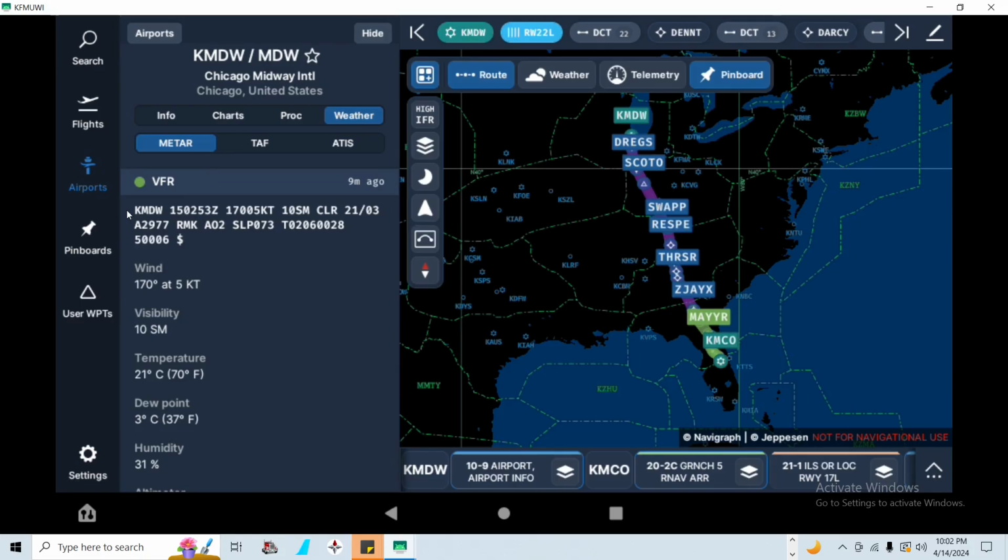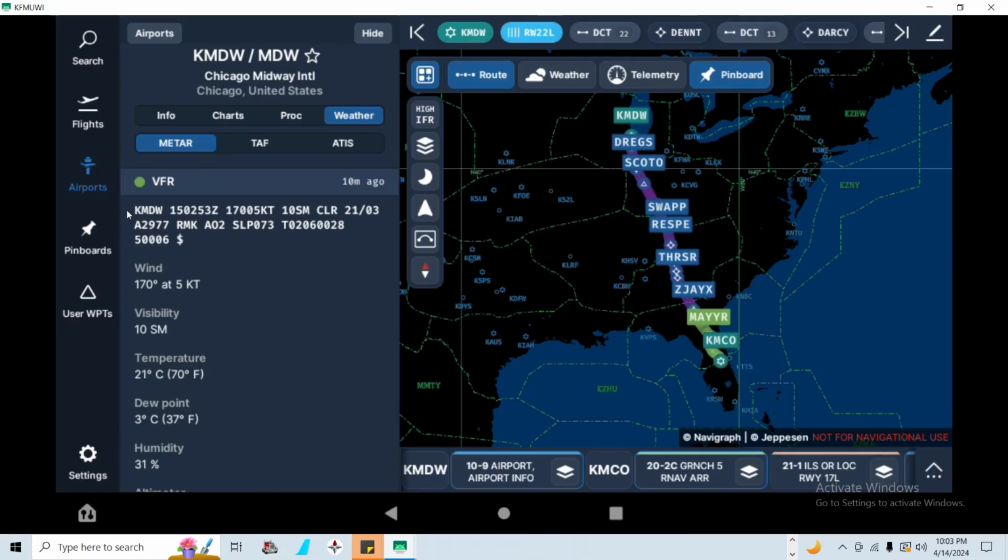Now, next to that, you see that T02060028. What is that? To break that down, the T stands for temp, followed by 8 numbers. Those 8 numbers break the temp and the dew point down, and that is used in the USA to give degrees in Celsius with more accuracy.